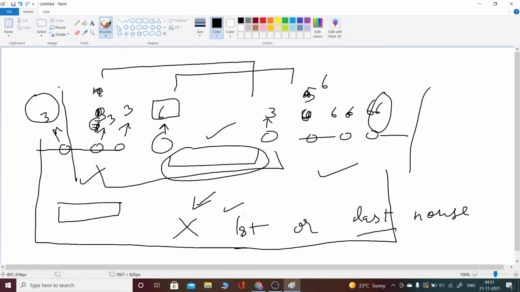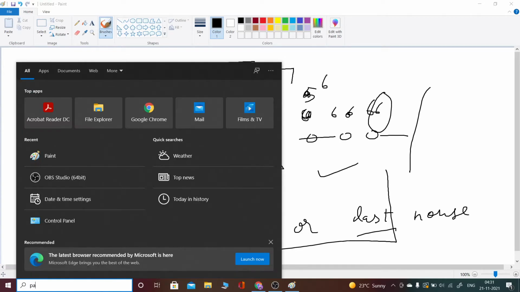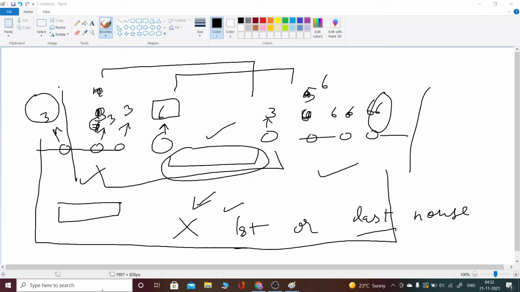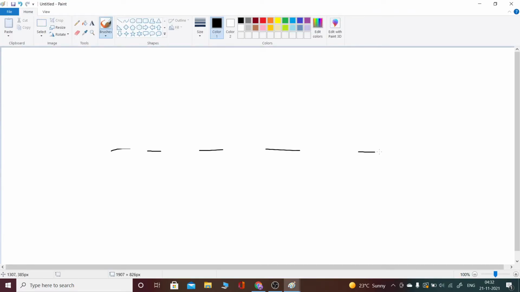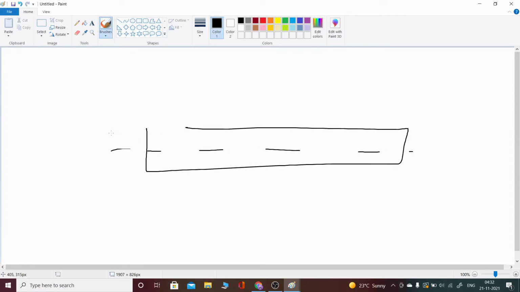I will explain my approach. We know that the first house or the last house will always be included. So what I will do is simply run over the array from 1 to n minus 1 and check if the color is not equal to the first house. Then I take that distance and compare it with the maximum variable that I carry along, and check which distance is the maximum.